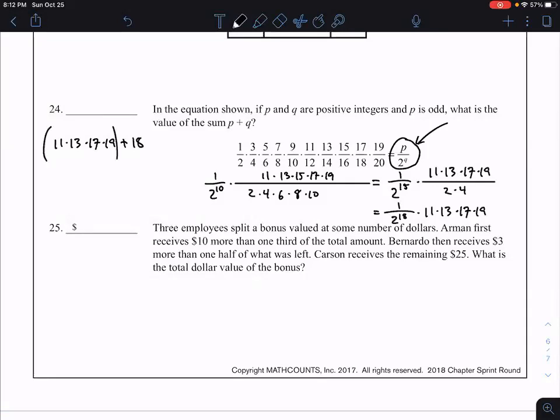And you can solve this out to get 4, 6, 2. Yeah, that's your answer.